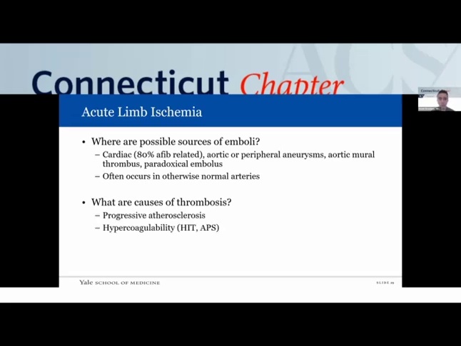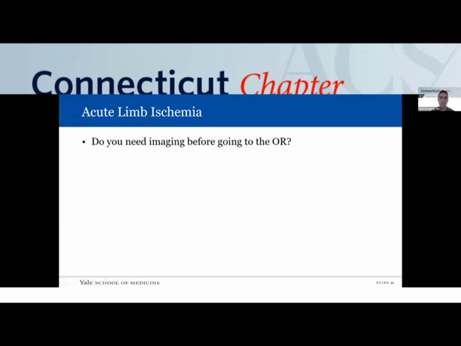So progressive atherosclerosis. There is hypercoagulability, and that's probably a quicker onset. An obstructing dissection flap that you may see from aortic dissection, and of course that would be a quick onset, or anything that we do: ECMO cannulas, arterial lines, percutaneous closure devices. Those are all causes that would need to be addressed.